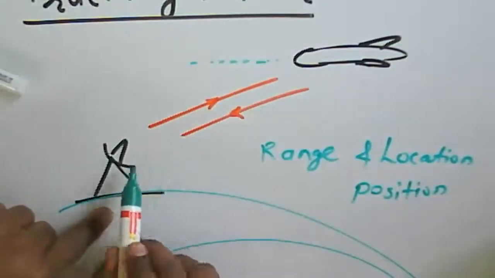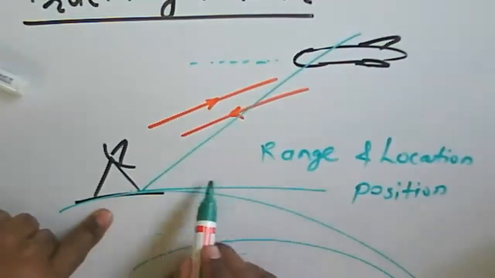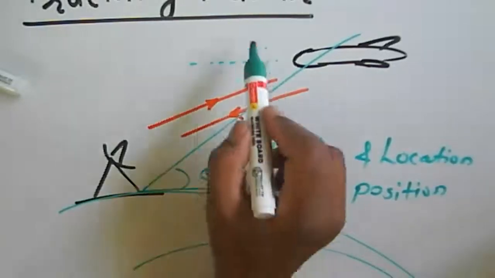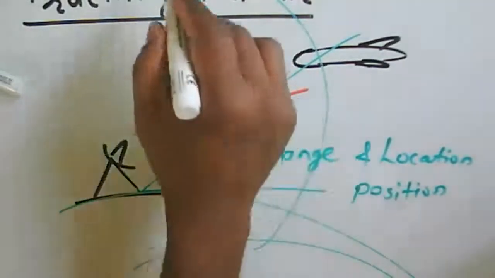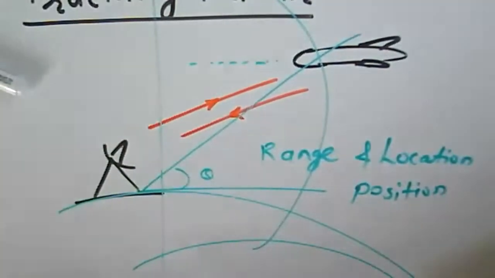Azimuth is nothing but the angle, and this is the ground. So this one is your azimuth here. Elevation is nothing but this much angle, at what particular elevation it makes, with theta. So we need to know the elevation angle as well as the azimuth angle. That is about the position.